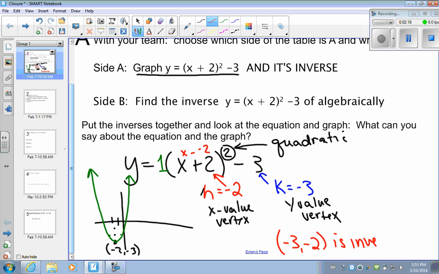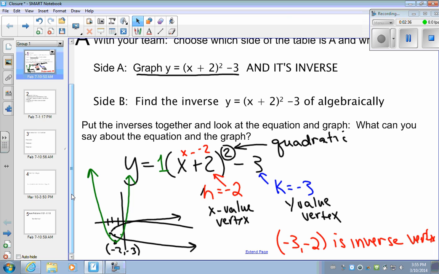And that's just because I switched x and y. So that's how I would do that. So then I would just go to the point -3, -2. I put my new vertex there, and it's going to be laying on its side. So that's how I would do the graph, but you may have found a better way of doing it.